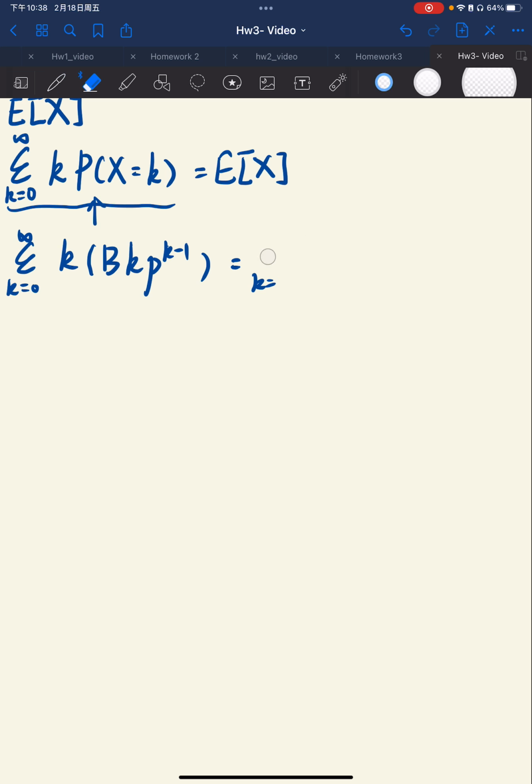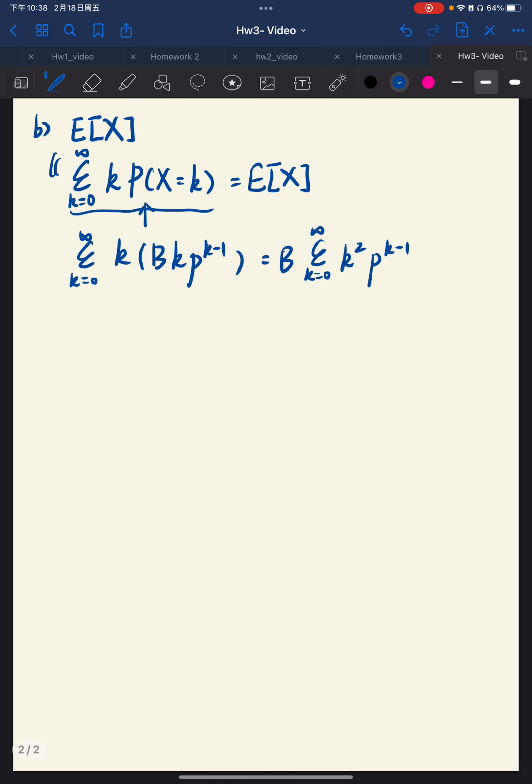We can put b outside, so it's b times the summation of k squared p^(k-1). So now our goal is to find this result, since we already know that b is equal to (1 minus p) squared.